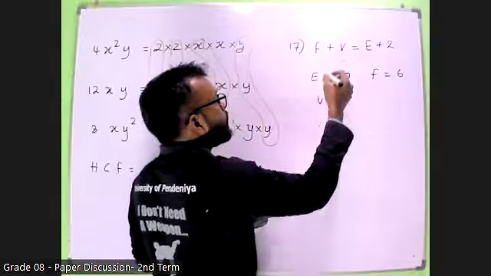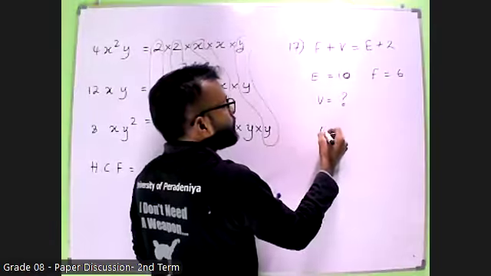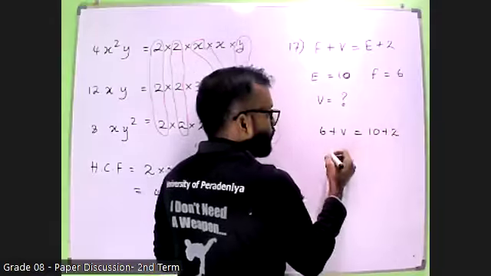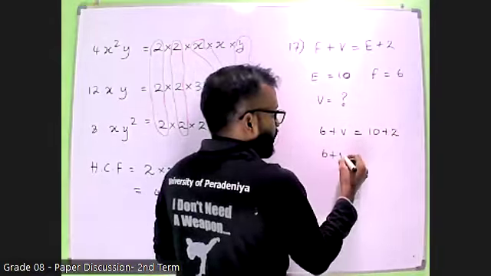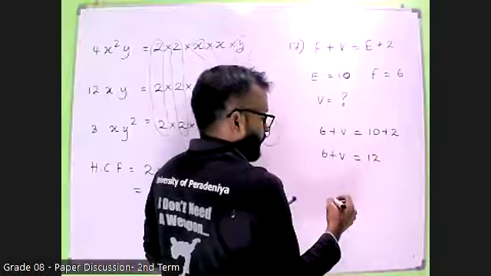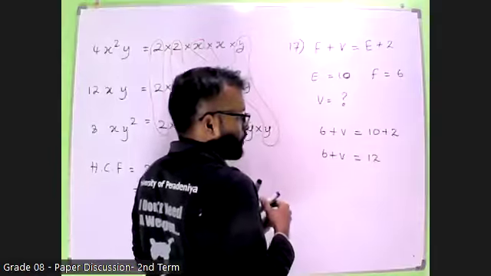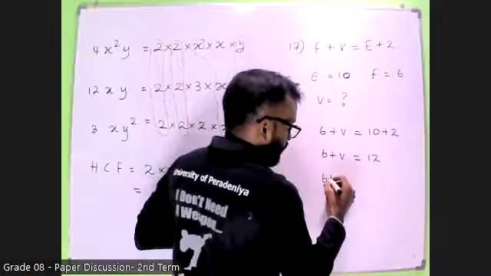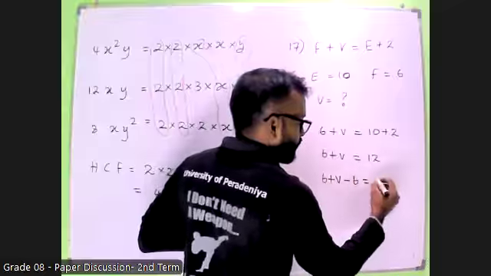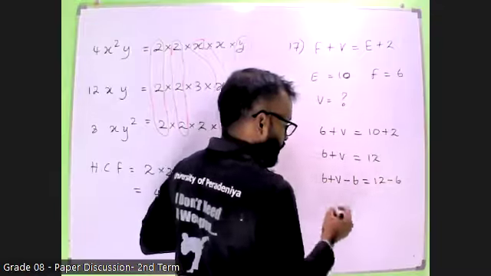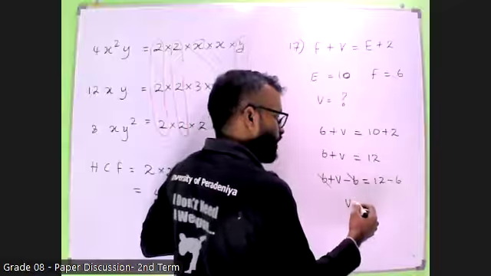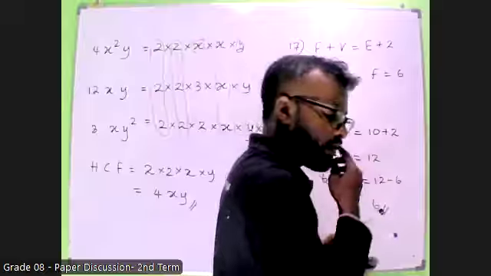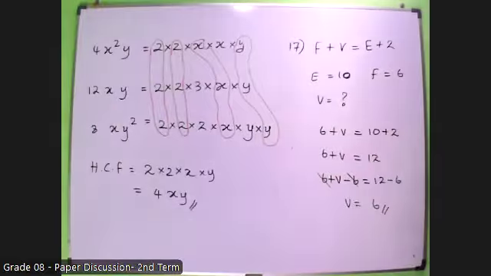F 6 plus V equals 10 plus 2. 6 plus V equals 12. Then you can remove 6. 6 plus V minus 6 equals 12 minus 6. Cancel out, V equals 6. So there are 6 vertices.